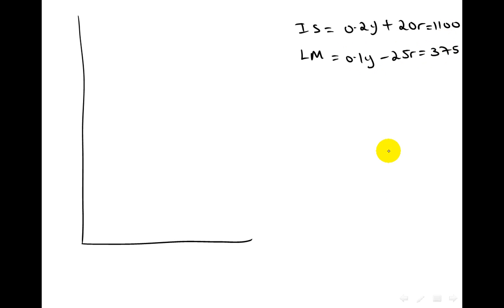Okay, there is one thing that if you want to sketch this one, it's difficult to work with this 0.2 and 0.1, so get rid of them by multiplying everything by 10.